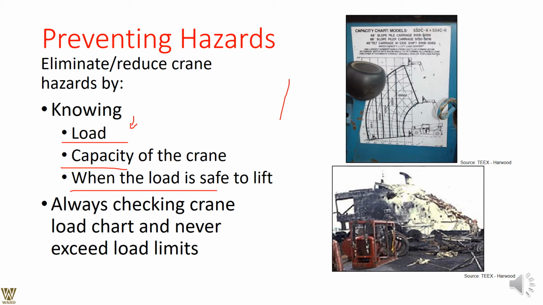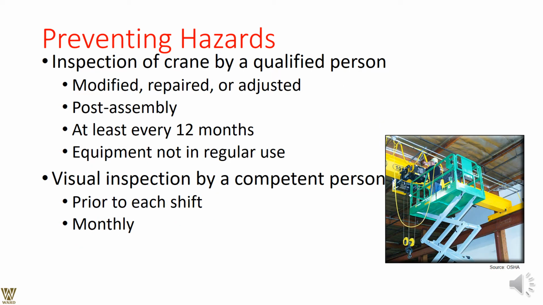In case chemicals are associated, other precautions have to be brought in. Always take the crane load chart and never ever exceed the crane load limits. This is one thing you should always adhere to. Preventing hazard: inspection of a crane by a qualified person. That is what we believe in.